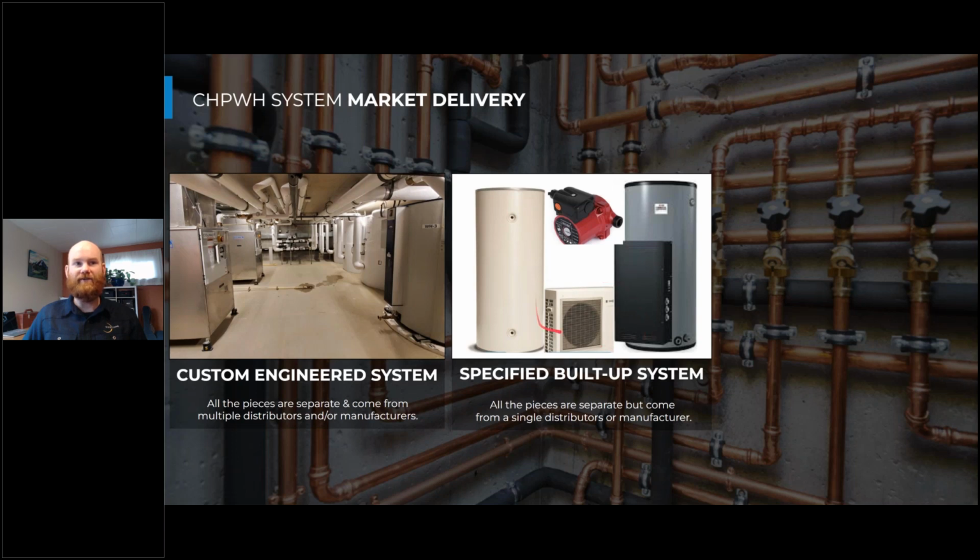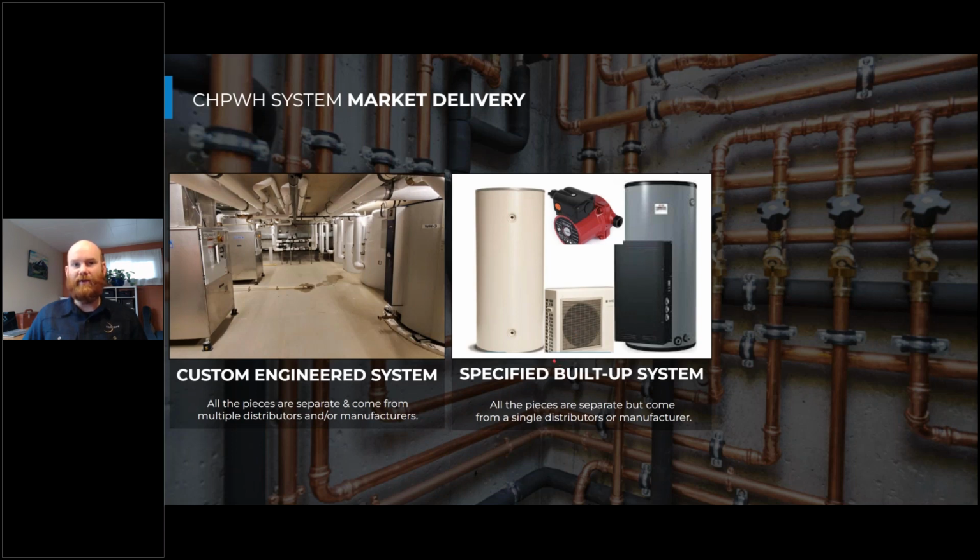If we're operating this unit outside the boundaries that the manufacturer defines, then we're going to have issues. So this specified built-up system is really taking that guidance from the distributor and manufacturer to make sure these are implemented effectively and efficiently all across the board.